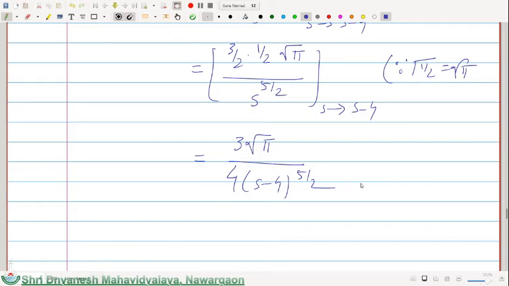Okay, so this is your final answer, which is the Laplace transform of e to the power 4t times t to the power 3 by 2.